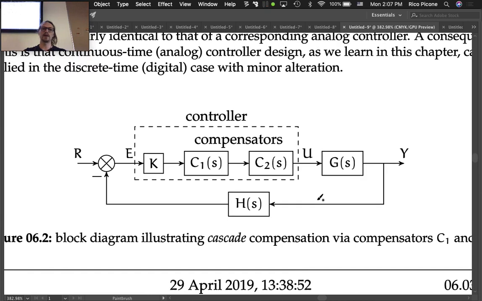So here's the figure. Here's our usual control block diagram with feedback. The command error gets fed to the controller. Here's our plant. And there's our output that we're trying to control. The controller has this cascade topology to it.